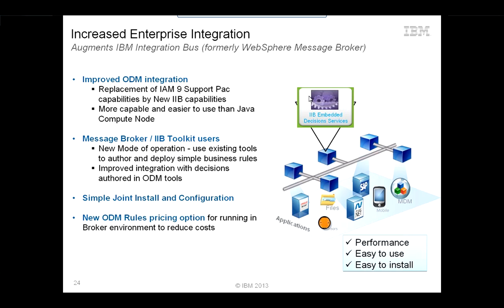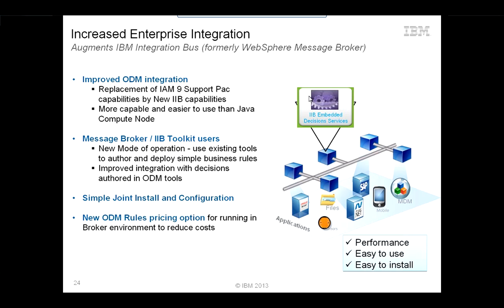And the problem is that many high-performance message-driven applications are decision-intensive, but message broker is really not meant to do rules, right? It's not a rule engine per se, so it was lacking that feature.